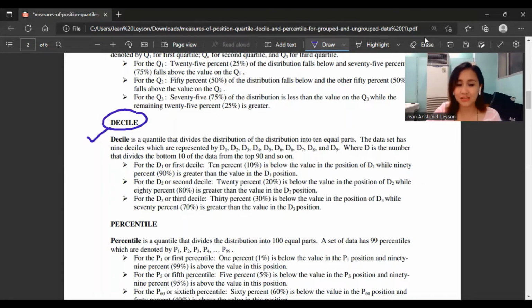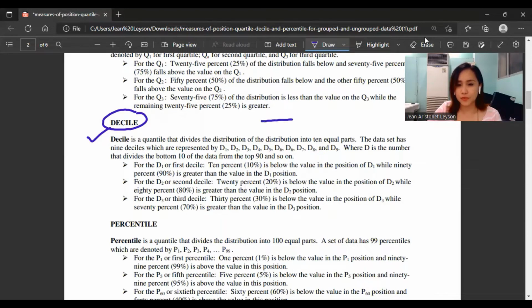The data set has 9 deciles, which are represented by D sub 1, D sub 2, D sub 3, and so on, up to D sub 9, where D is the number that divides the bottom 10% of the data from the top 90%, and so on.